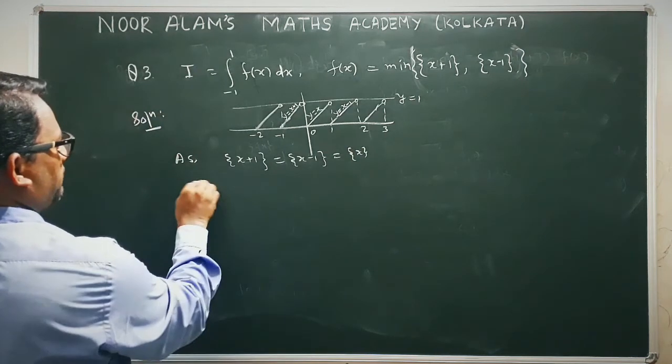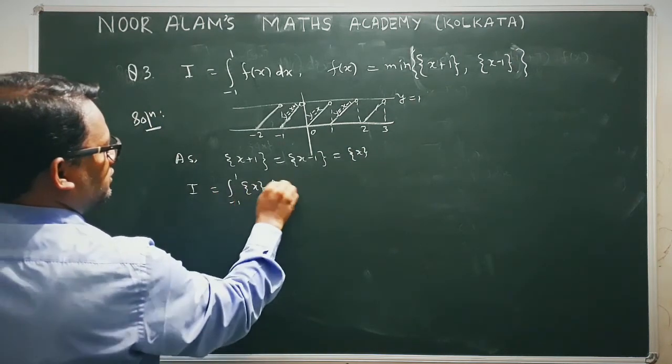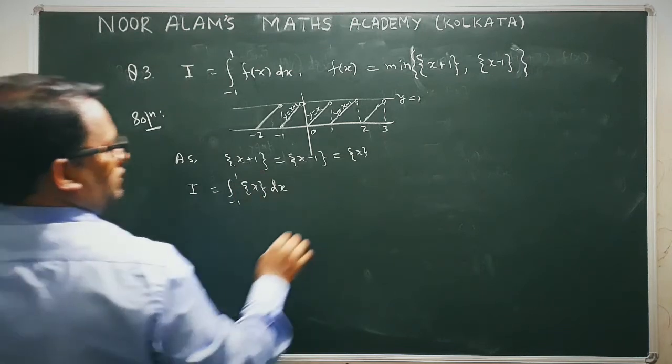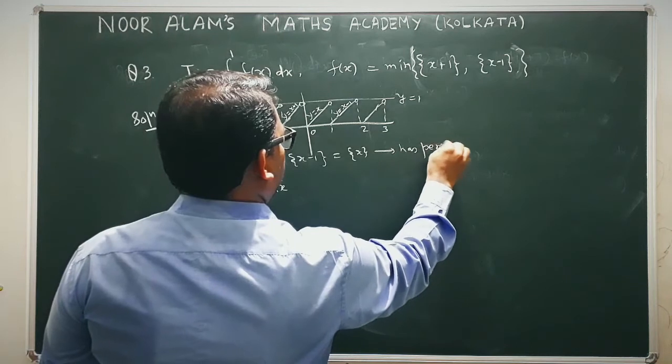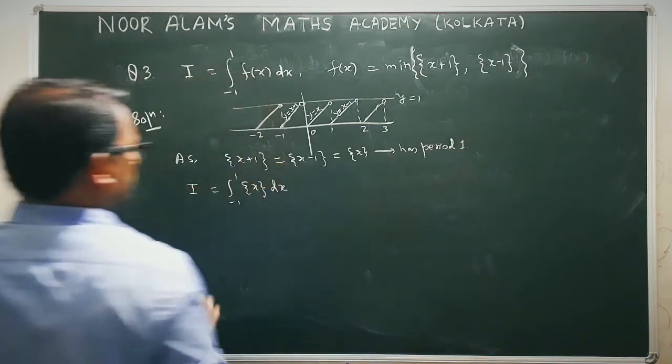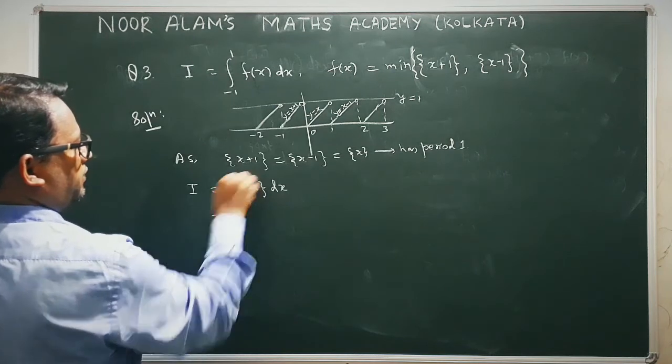So what we have, I is equal to the integral from minus 1 to plus 1 of the fractional part of x dx. Now we know that the fractional part has period 1.